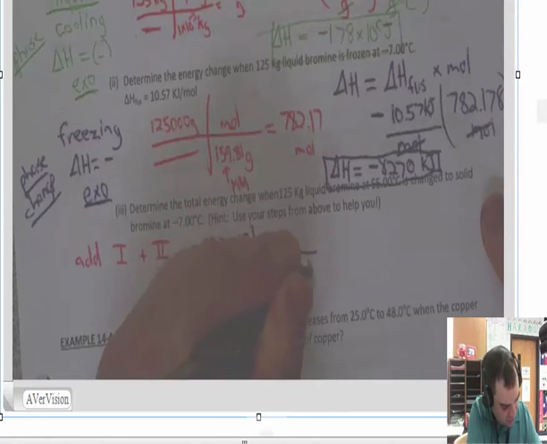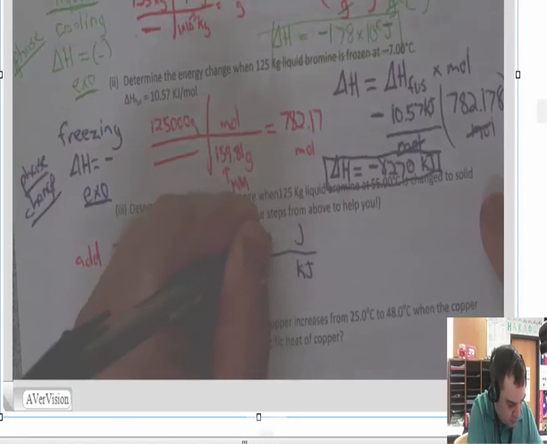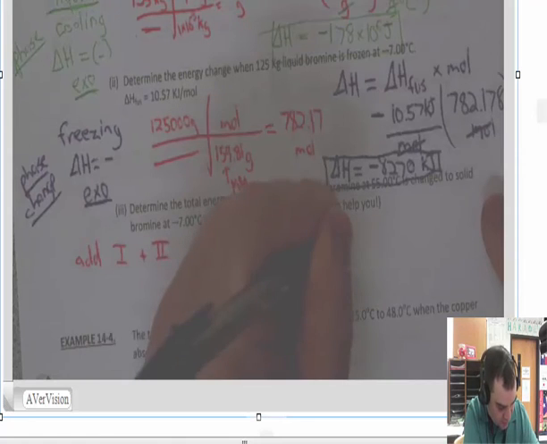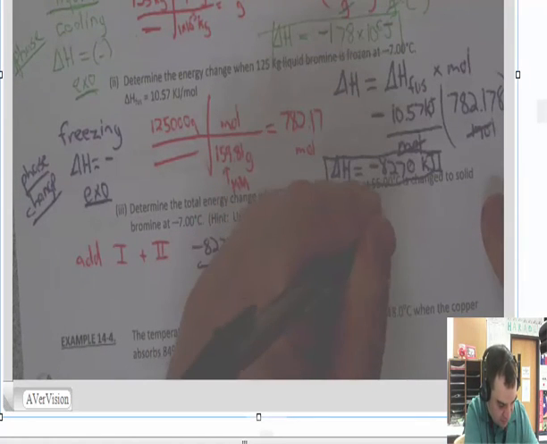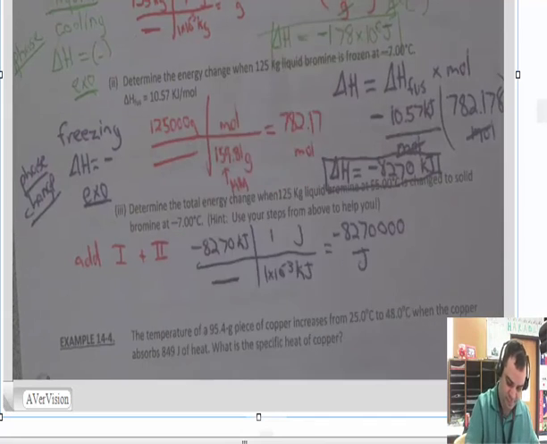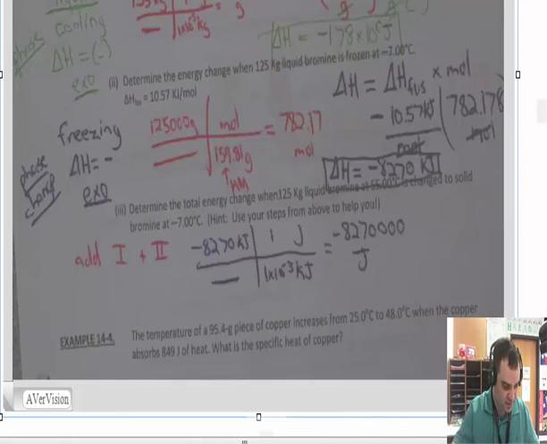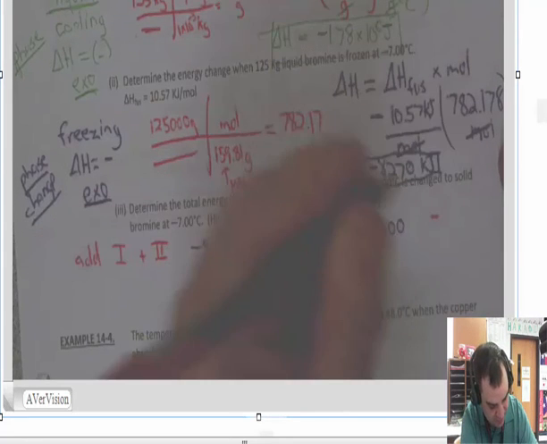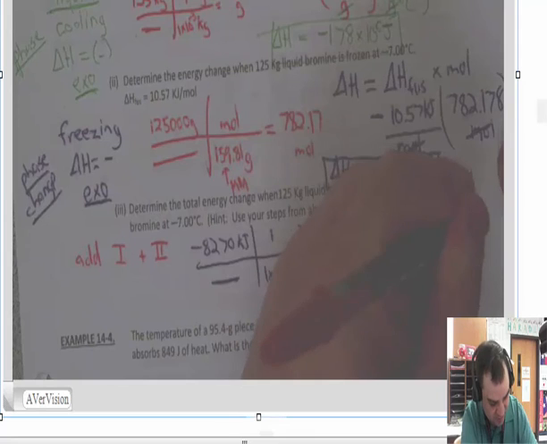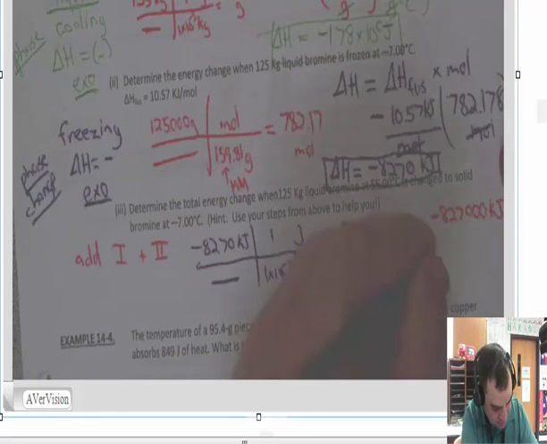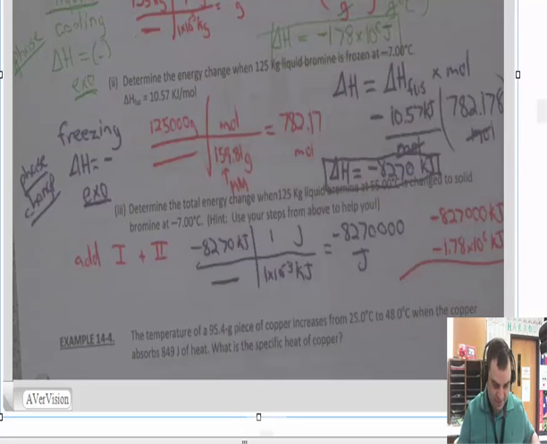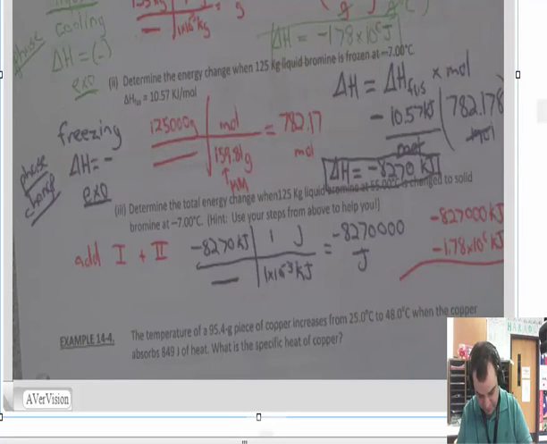Kilojoules on the bottom, joules on the top. 1 goes here, 1 times 10 to the negative third goes there. So it's negative 8,270,000 joules. So now I'm going to combine those two numbers here. Negative 8,270,000 joules plus negative 1.78 times 10 to the 6th joules. Let's see what we get for a number.